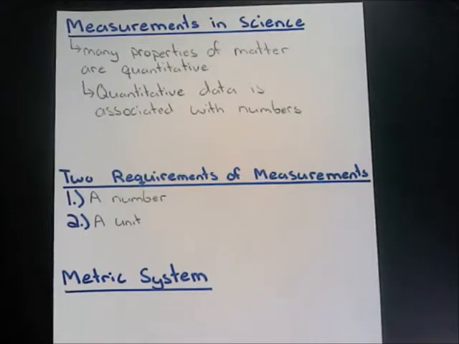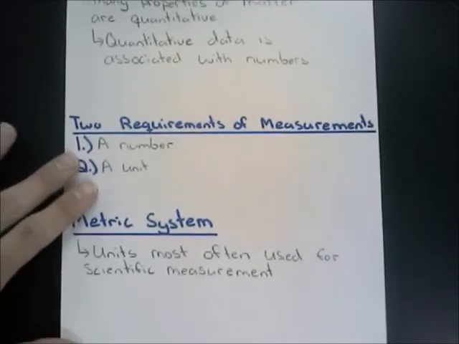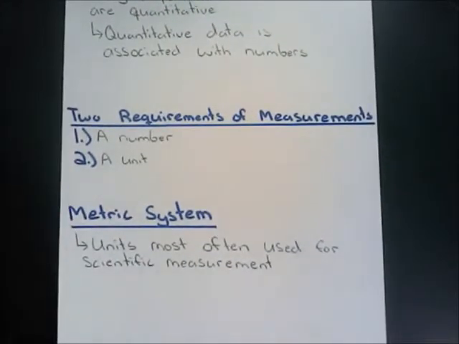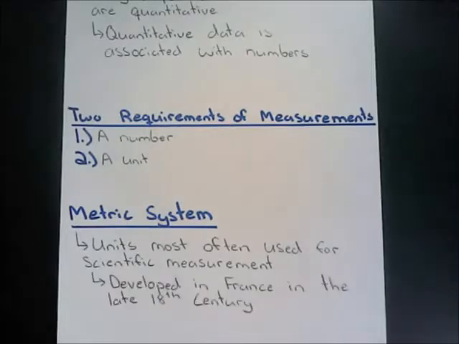So in science, what we use is the metric system, which are a series of units that are most often used for scientific measurement. There's very few exceptions. And this metric system was developed in France in the late 18th century.